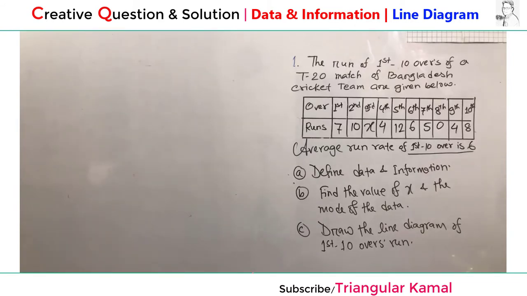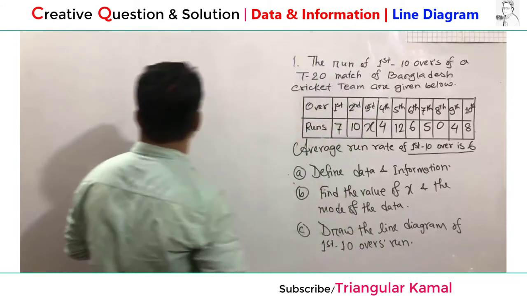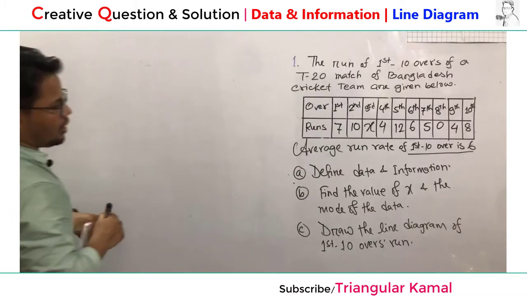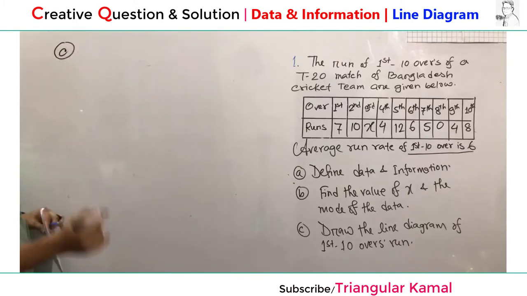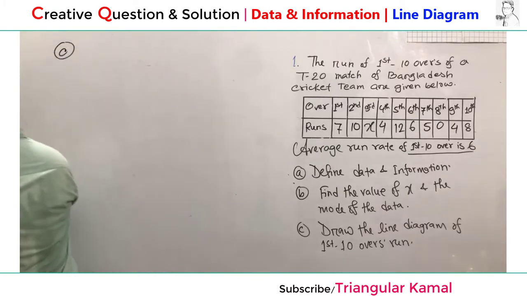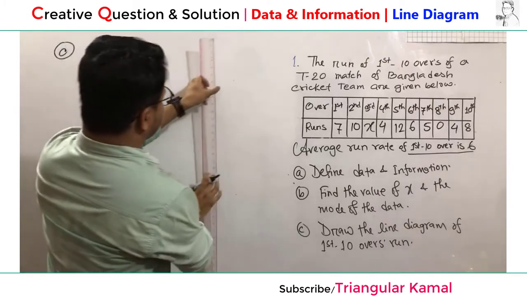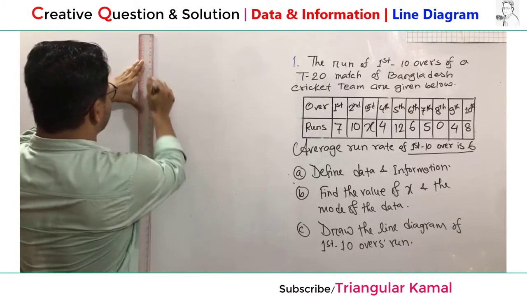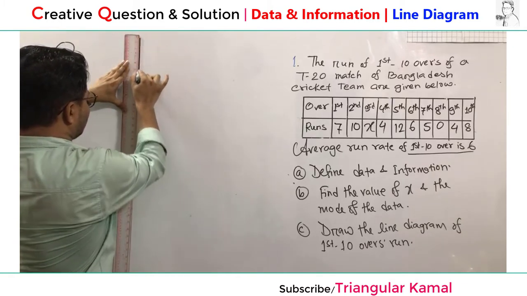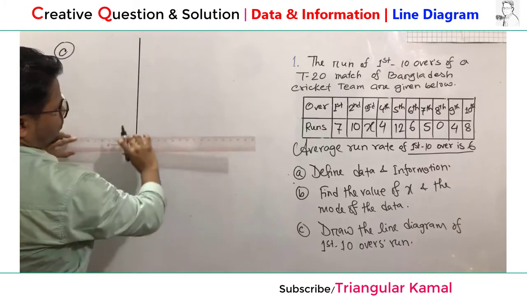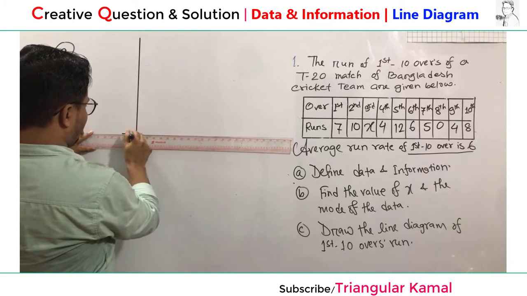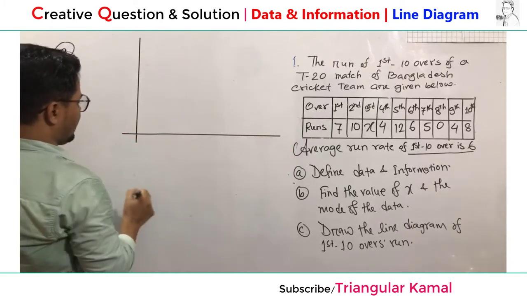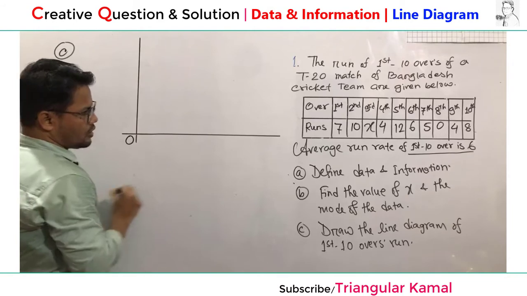Question number C: draw a line diagram of the first 10 overs. Before doing the line diagram, you have to know about the axis system. This is called the 0 or origin.